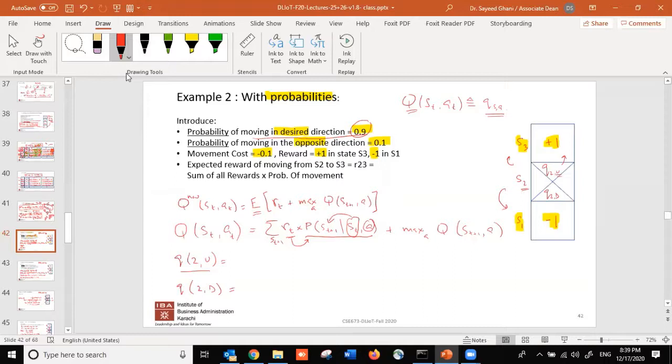Can somebody help me with that? Remember, it's going to be a sum. So it's going to be a sum of two possible directions, right?